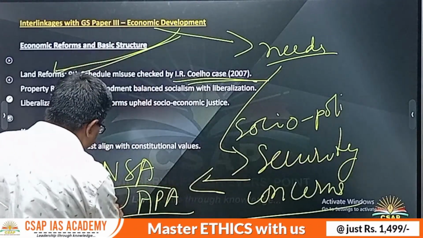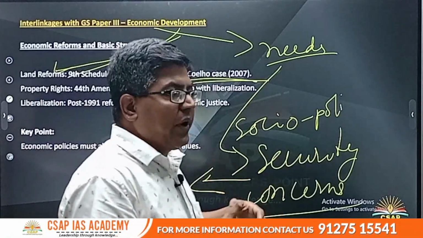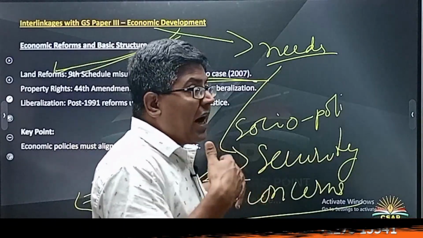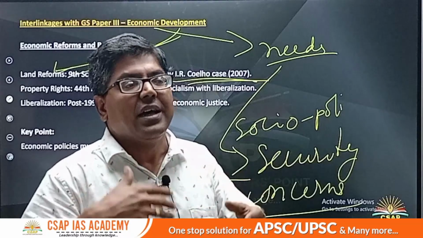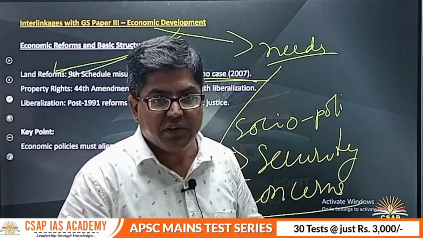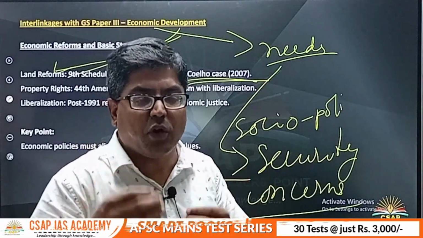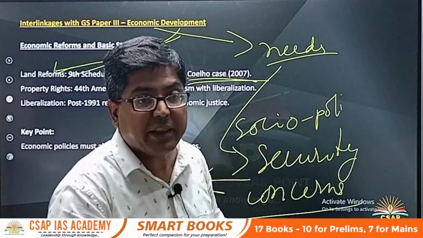Now this UAPA, again there are a lot of criticisms in recent times, where one has to undergo the trial and one has to prove himself, so the equations are reversed. And it's the process, and sometimes it is said that the process itself becomes a punishment. So that is the contemporary debate that is taking place.